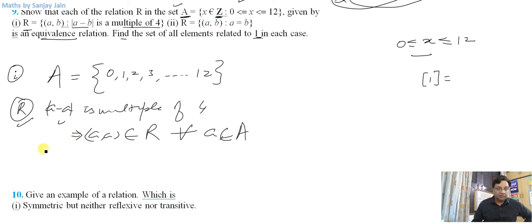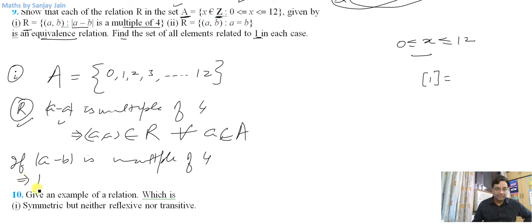Alright. Now what about if A minus B mod is a multiple of 4? That implies B minus A mod is a multiple of 4, because A minus B or B minus A inside this mod will mean the same thing.